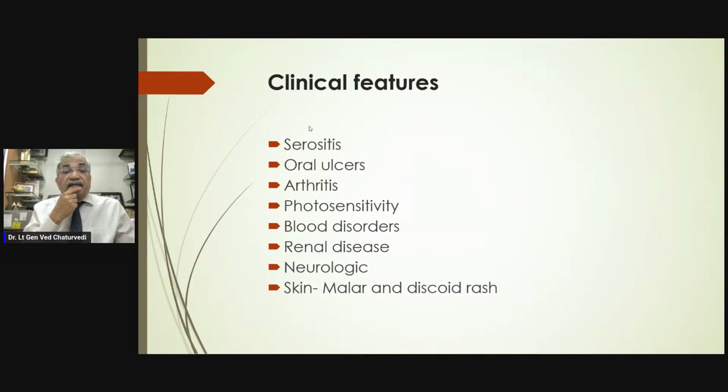Then it can involve the skin, so you have a photosensitive rash. It can involve joints, so you have arthritis. You can have anemia. You have blood disorders, not only anemia, it can cause cytopenias. And of course the head, starting from the top, so CNS involvement, any type of thing can happen.